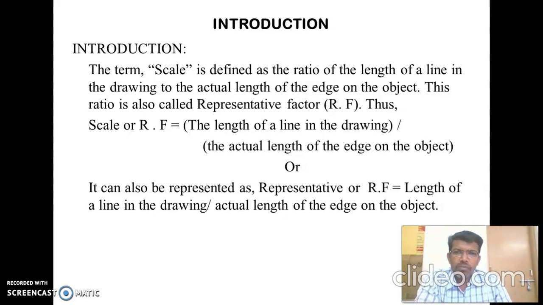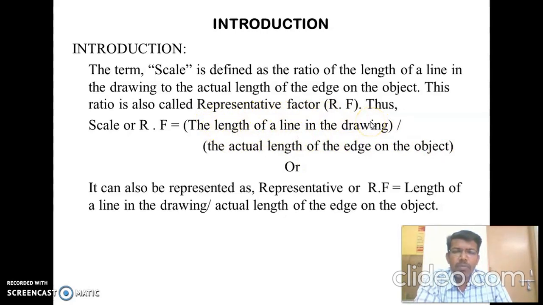So what is representative factor? See here, it is the length of the line in the drawing, what you have drawn in the sheet, against the length of the object. Suppose the length of an object is 1 kilometer and you have represented it on the drawing by 10 centimeters.